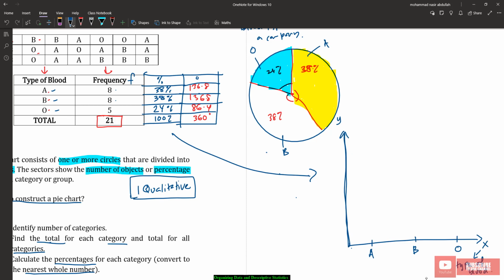And the y-axis should always represent frequency, here the number of staff. This is the label for the y-axis. Now to construct a bar chart, we need to carefully choose our scale for the y-axis. So let's say this is 1, 2, 3, 4, 5, 6, 7, 8.